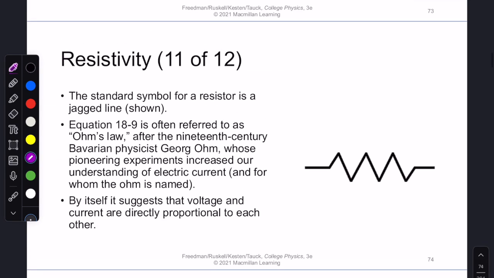This is the symbol for a resistor when we are starting to work with circuits. The symbol of a resistor is a jagged line, and that's because resistors were initially used as heaters. When you pass current through something, it heats up. It gets warm, because those electrons are bumping into the atoms of the material that they're flowing through, and those interactions generate heat.